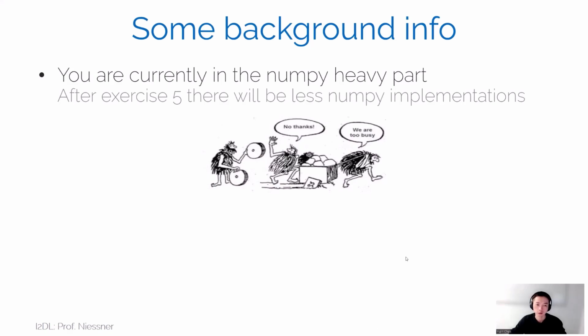But after exercise 5, there will be less NumPy, since we will introduce PyTorch, which was invented to help the deep learning community train their neural networks easily.